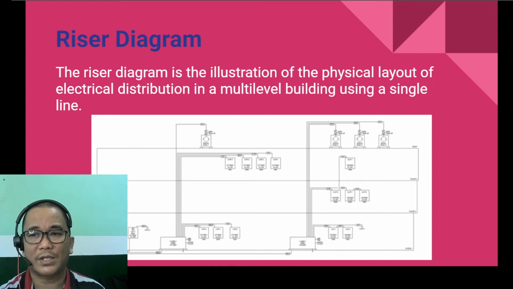It shows the size of conduits, wire size, circuit breaker rating, and other electrical devices from the point of entry up to the small circuit branches of each level. It shares the layout with the alarm system as well as telecom and internet cable.